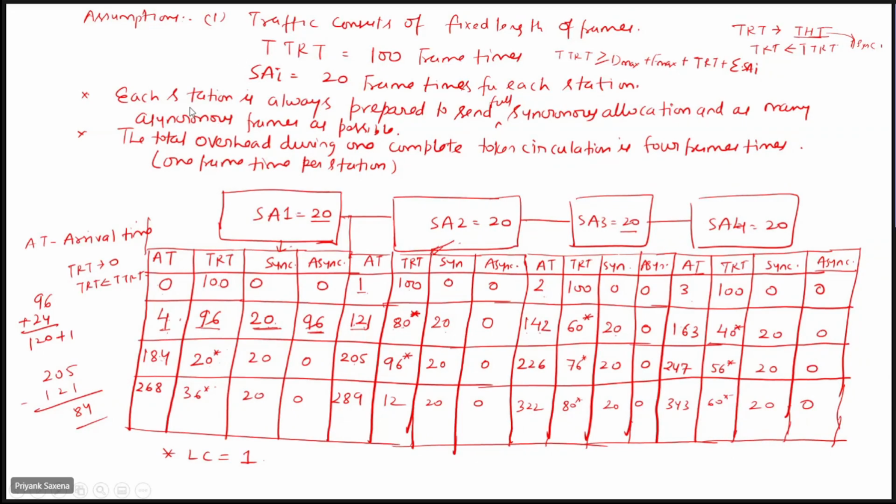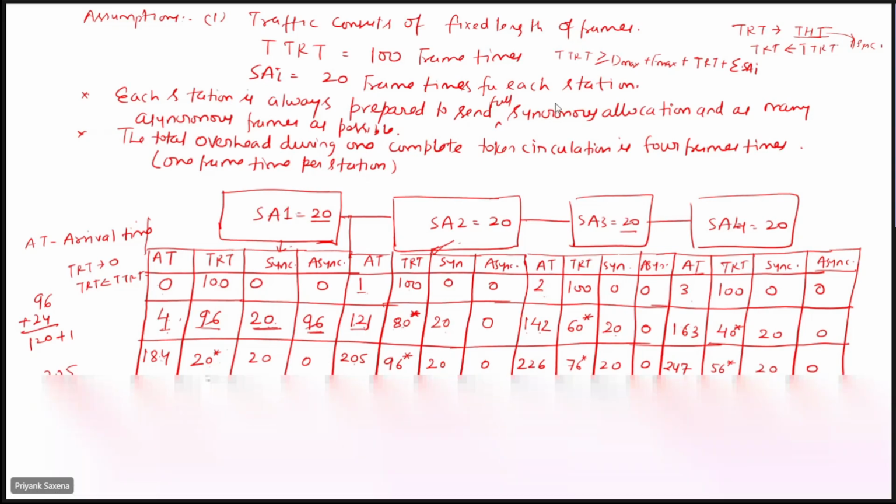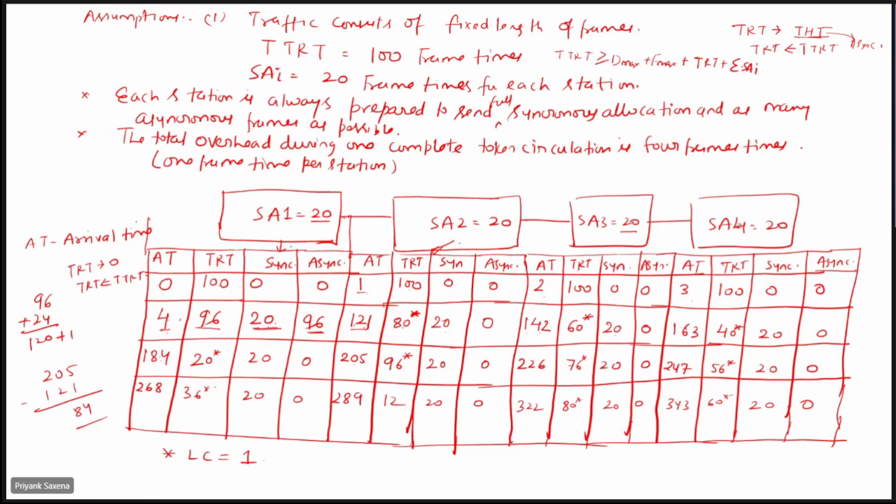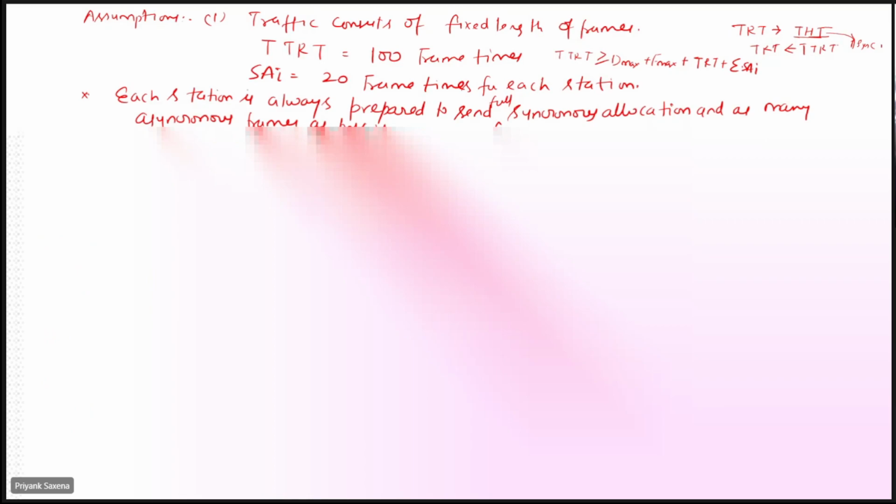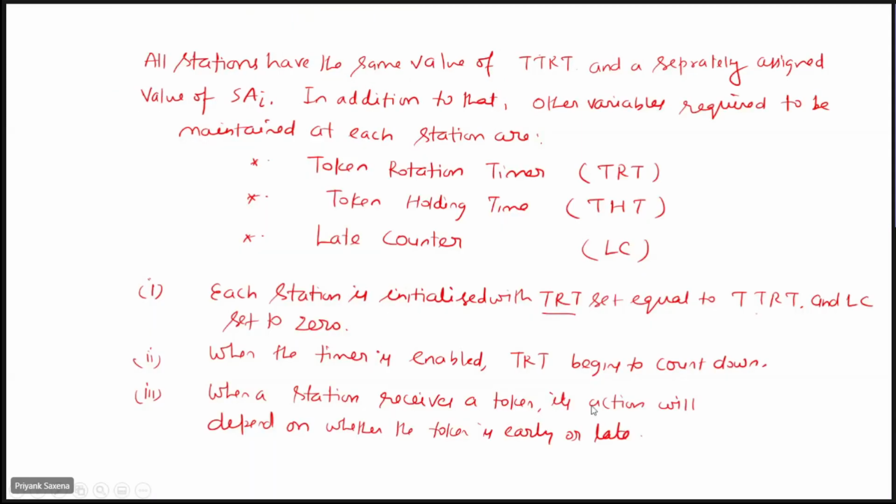So each station is prepared to send full synchronous allocation and as many asynchronous frames as possible. What will it depend on? Whether the token is coming early or the token came late. When a station receives a token, its action will depend on whether the token is early or late.